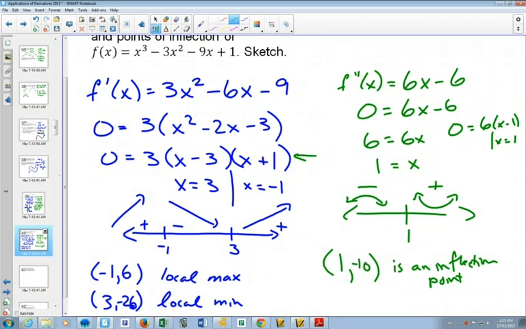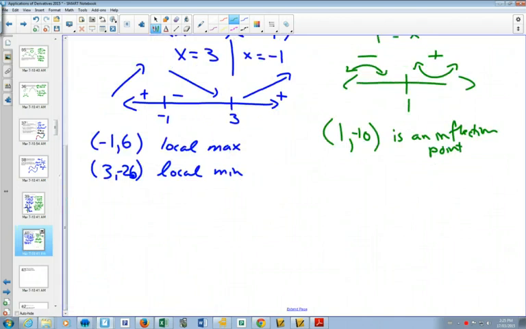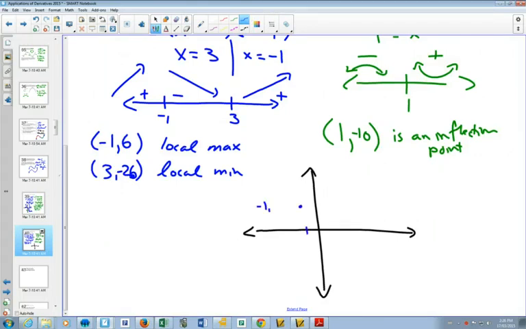So now we can take all the information that we've gotten and draw a pretty accurate sketch. So we're going to have negative 1 comma 6. I'm going to put that about there. 3 comma negative 26. So if that's 6, it'll be about there.